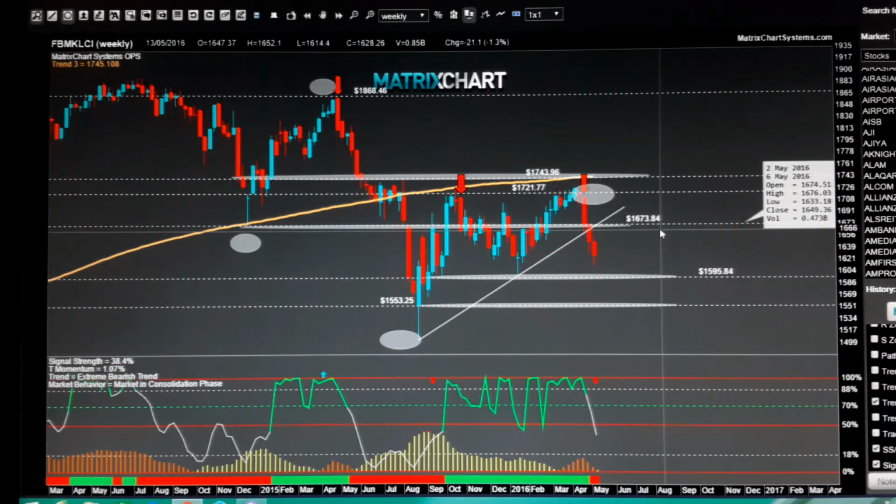The level is 1673. So in 2 weeks time, I'm expecting the price action to fall to this level, this horizontal line, and the level is 1553.